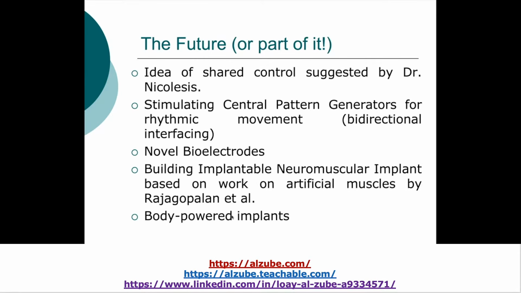Also, we're looking at stimulating central pattern generators for rhythmic movement, and bidirectional interfacing. That is to help the afferent pathway and afferent pathway synchronization. We are developing novel bioelectrodes. Ions actually are the molecules that generate electricity in the body.